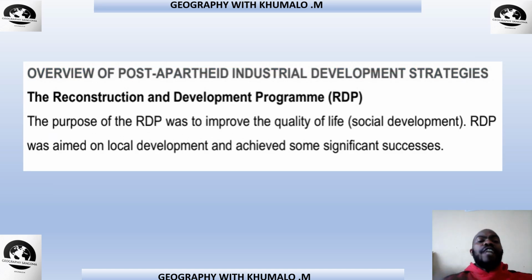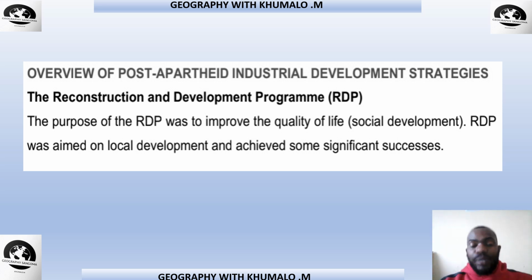Then after apartheid, they introduced the Reconstruction Development Program, which is the RDP. Now remember, grade 12, in previous grades, you used to joke around with this concept of RDP. But now what I want you to know, grade 12, is that the Reconstruction Development Program is a policy.